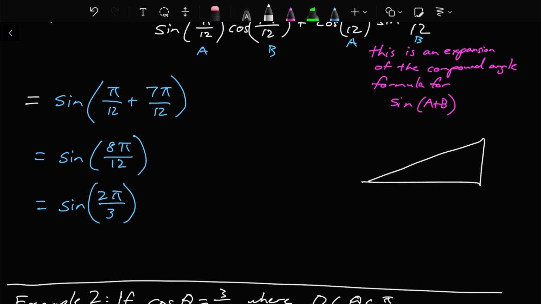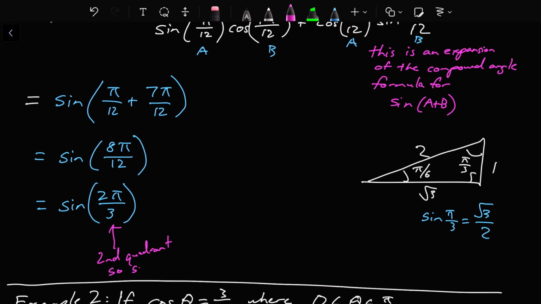I know that my exact value triangle tells me this is pi on 3, this is pi on 6, this is root 3, this is 2, this is 1. So sine of pi on 3 equals root 3 on 2. But I know this is 2 pi on 3, which is in the second quadrant.